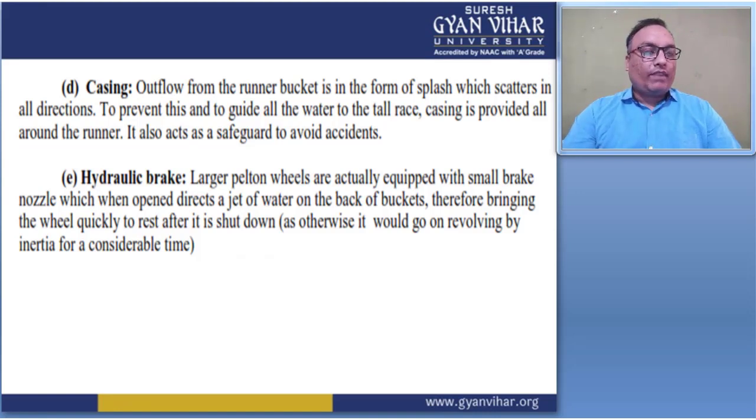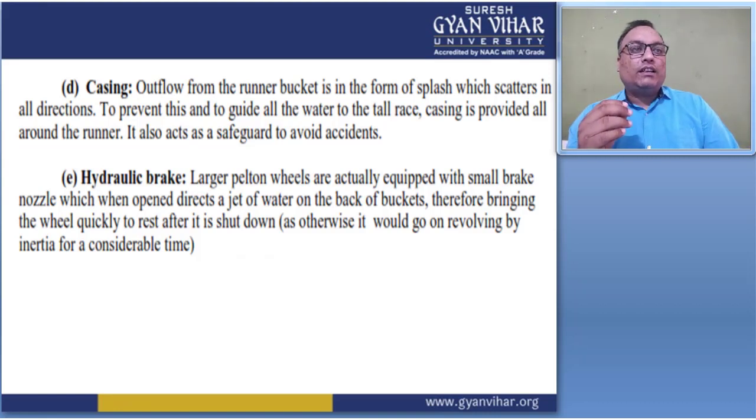This casing also provides protection over this body. The outflow from the runner bucket is in the form of splash, which scatters in all directions. To prevent this and guide all the water to the tail race, the casing is provided all around the runner. It also acts as a safeguard to avoid accidents.